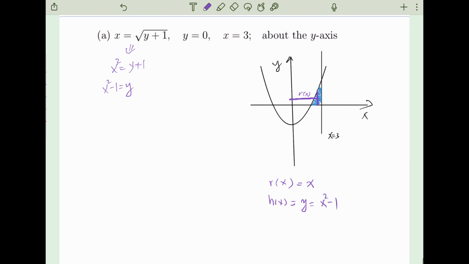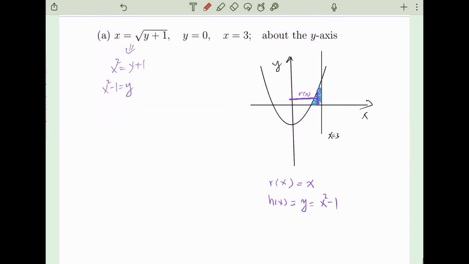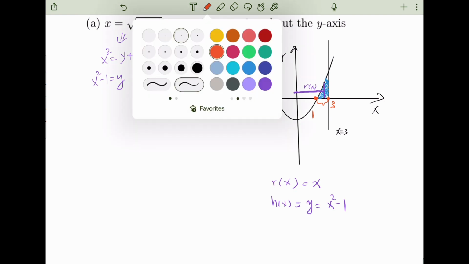Okay, we have these things. And now it's clear that the integration is from this to this. So we need to figure out this point here. This point is obviously 1 because this is x squared minus 1, right? So the x-intercept is 1 here. And the other point here is 3. So integration is from 1 to 3.